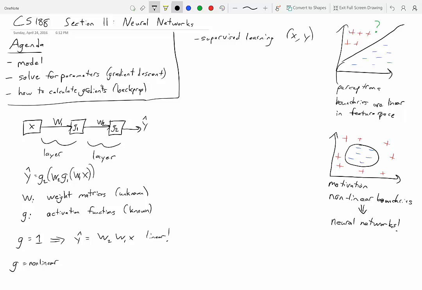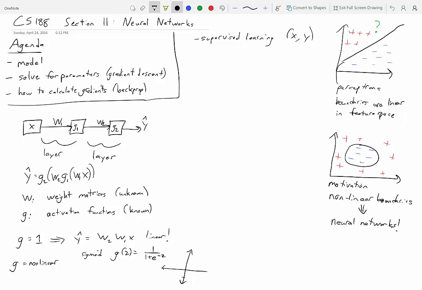And there's multiple examples. So this is an engineering decision that you have to make. What kind of nonlinearities do you want to use? There's multiple, but a common one, for example, is called the sigmoid. So it's G of z equals 1 over 1 plus e to the minus z. And what does the function look like?